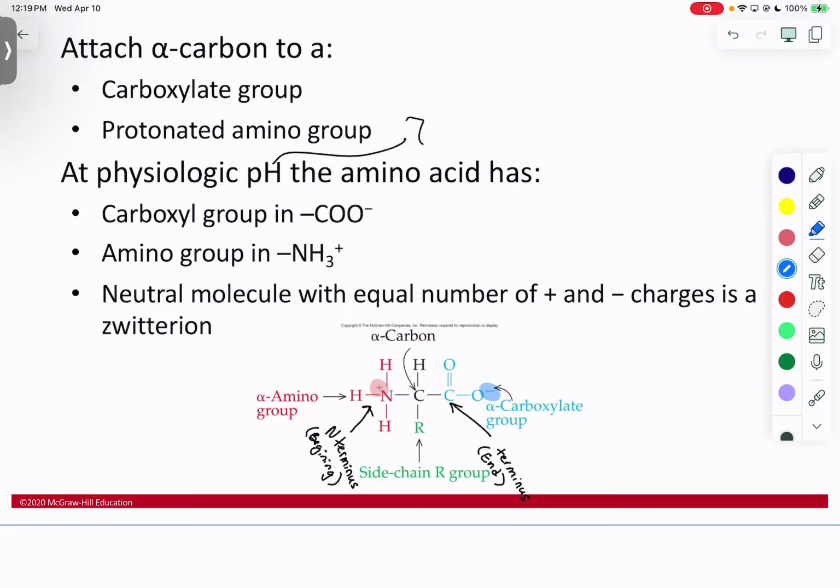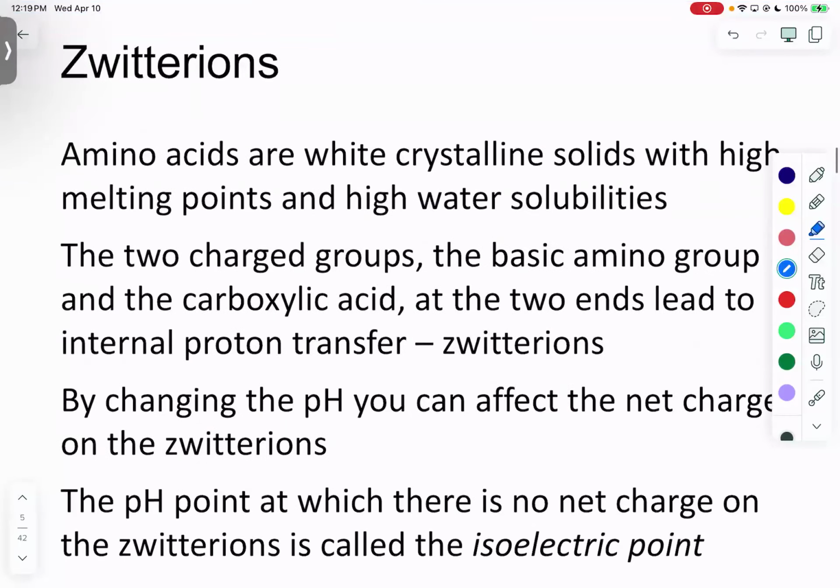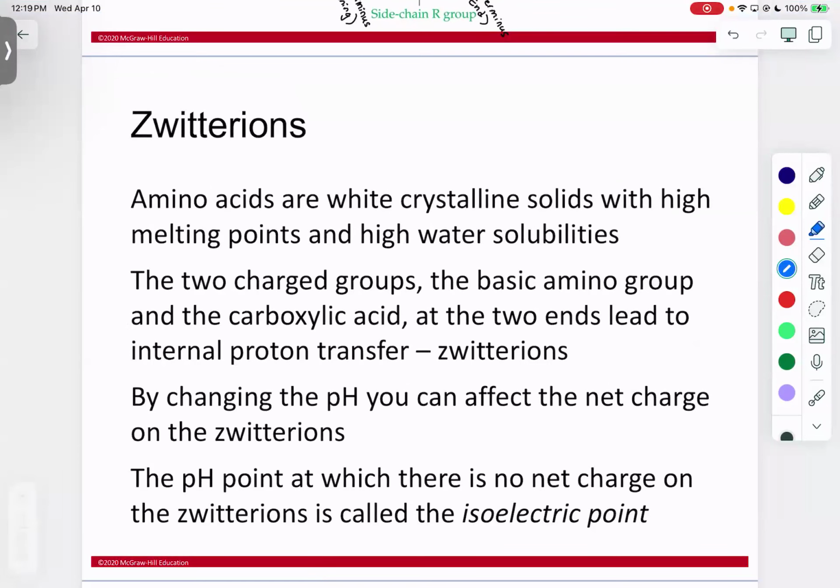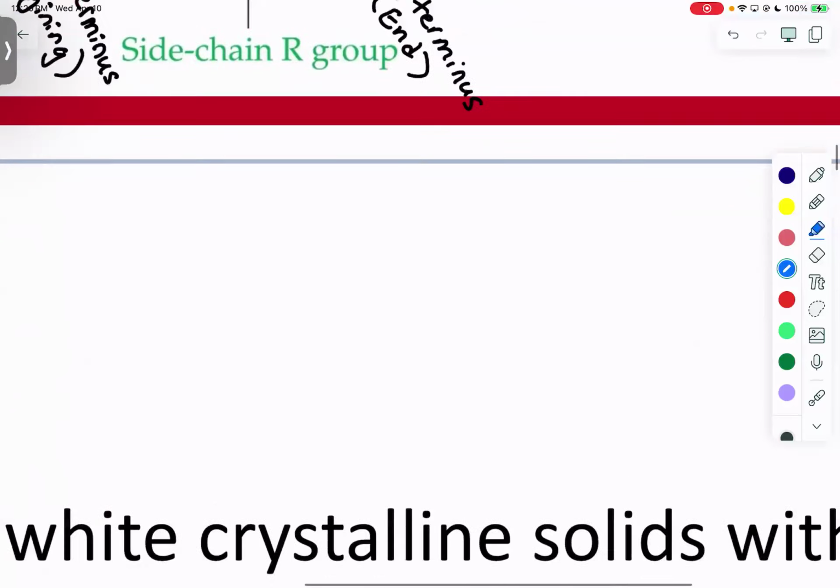Anyway, we know that we have those charged groups on either side. So if we change the pH, basically we can change the protonation state of those two groups. So let me show you.